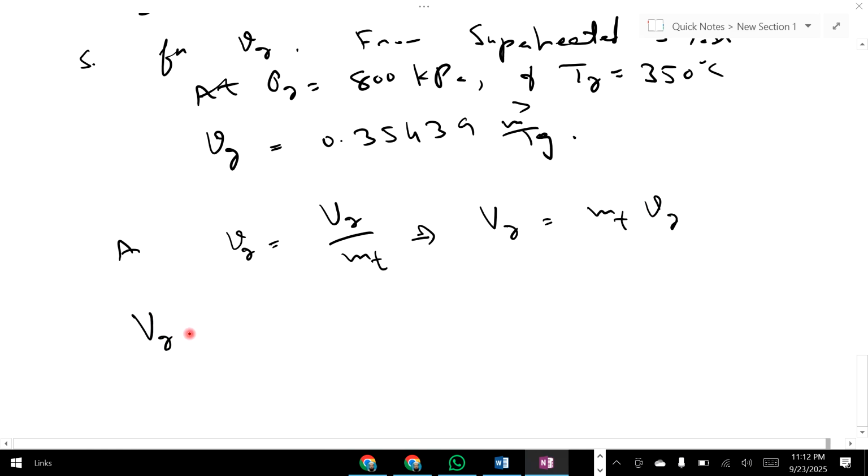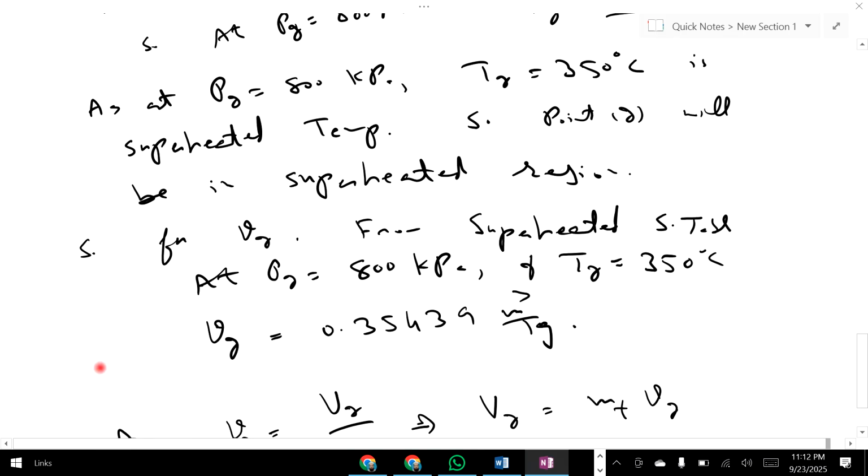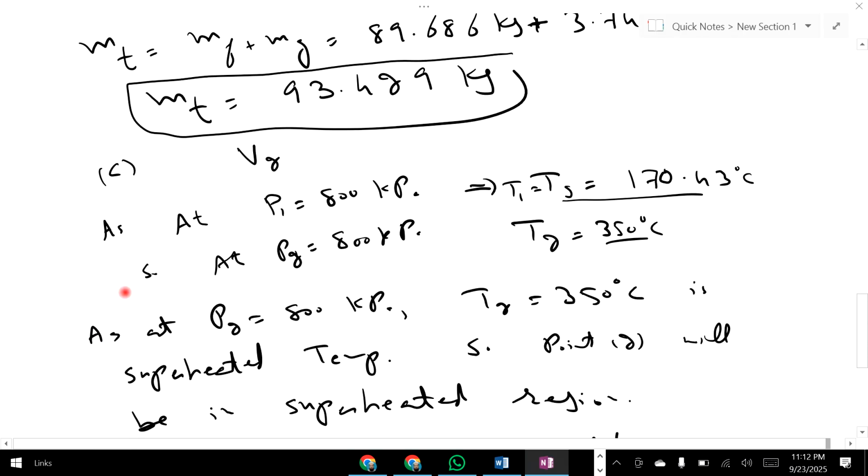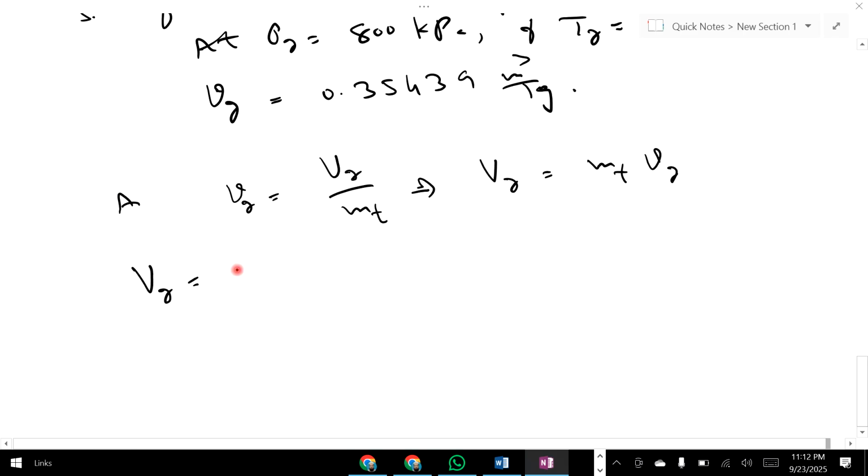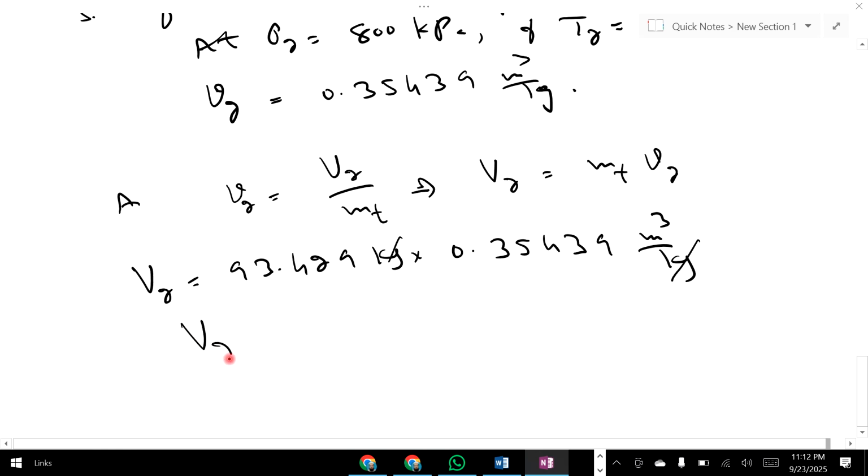So total volume is equal to 93.429 kg multiplied by specific volume 0.35439 meter cube per kg. This kg will be cancelled with this kg. So total volume is equal to 93.429 multiplied by this, which is equal to 33.11 cubic meter.